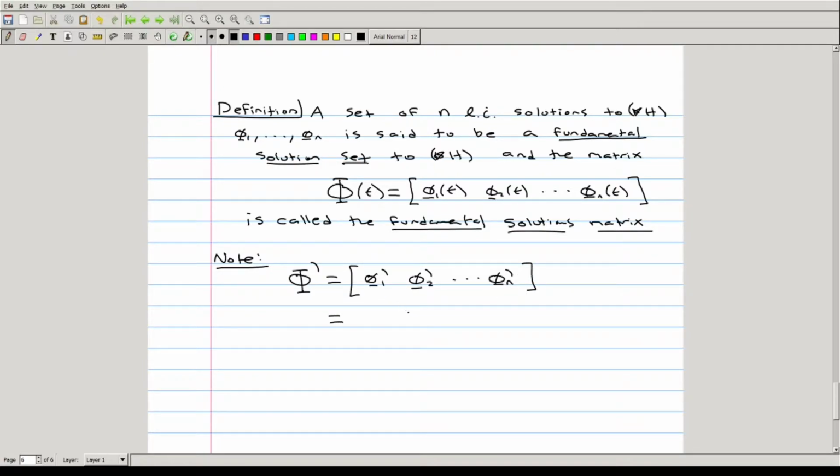And because each one of the columns is a solution vector to the homogeneous differential equation, this is the same thing as the matrix A times phi1, A times phi2, and so on, all the way to A times phi(n).